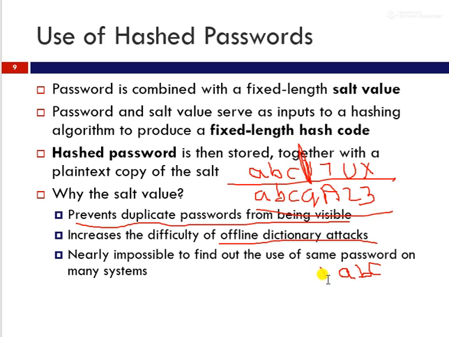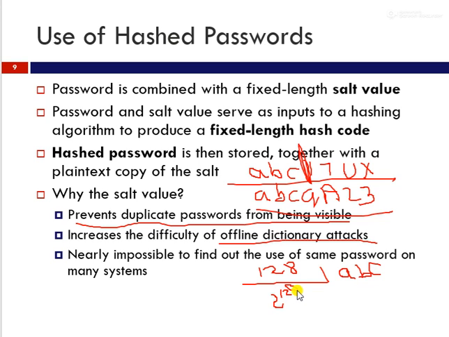If the salt length is, let's suppose, 128 bits, then with one word from the dictionary, the attacker has to generate 2 raised to the power 128 variants of the salt value to combine with this one word and calculate the hashes of 2 raised to the power 128 values for one word instead of just one hash.